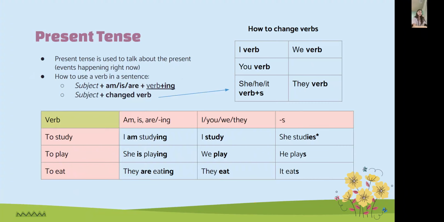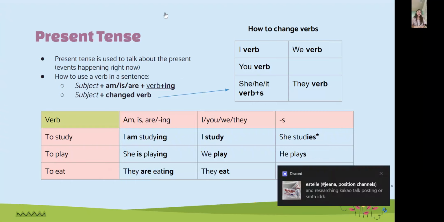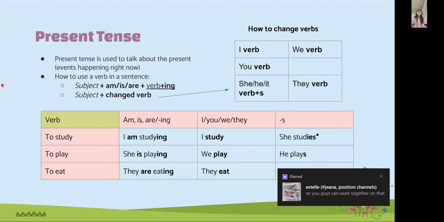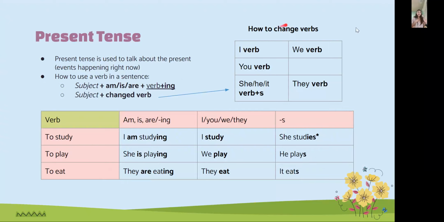Okay, so now we're doing present tense, which is hopefully the tense that you guys are the most familiar with. Present tense is used to talk about the present, aka events happening right now. For example, I could say, I am teaching.